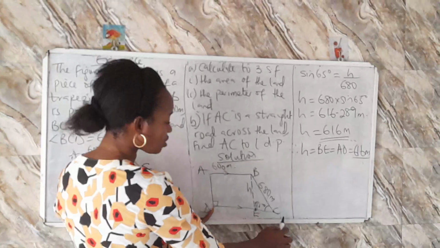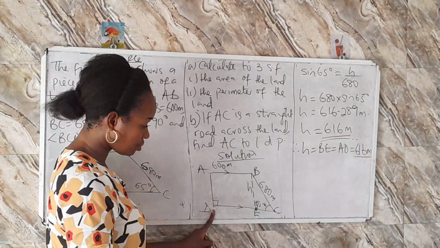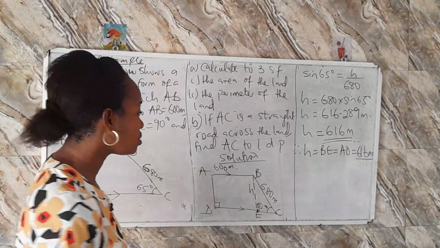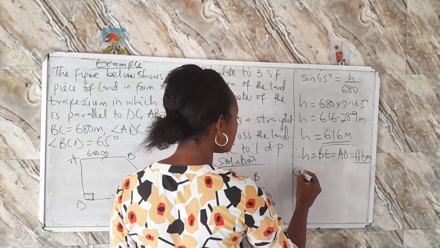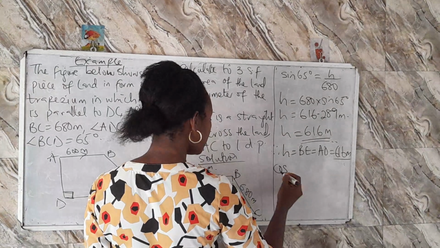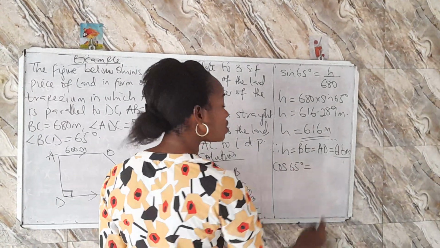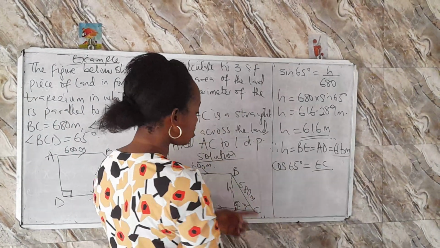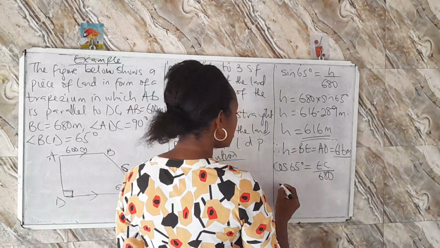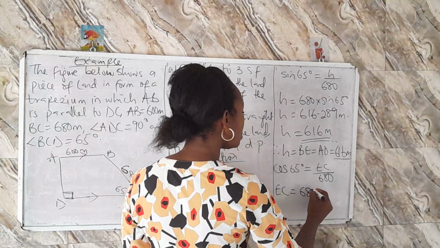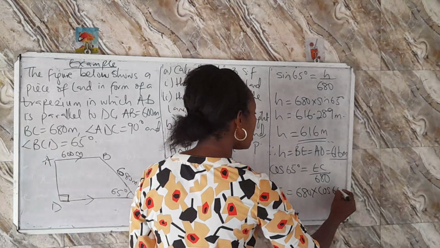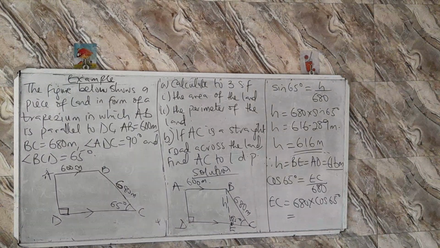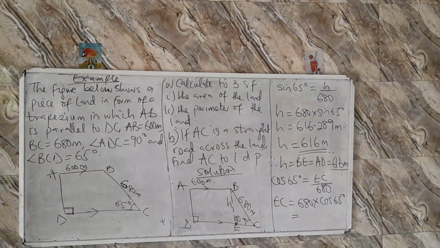It gives us the total length D to C. So how do we find EC? We are making use of cosine. So cos 65 degrees is EC over 680. So EC gives us 680 times cos 65 degrees. When you multiply, it will give us 287.38.